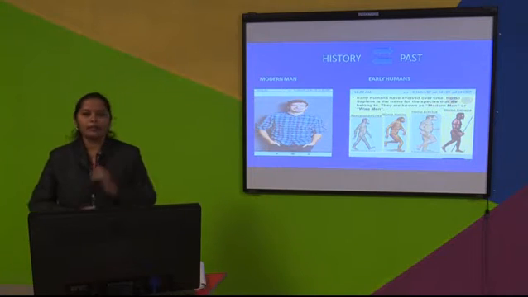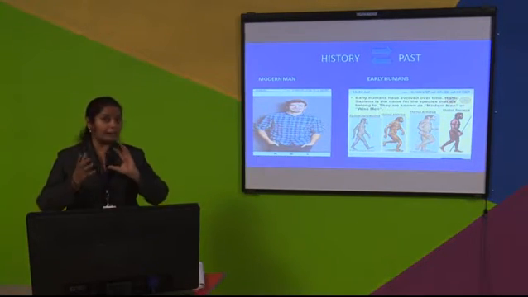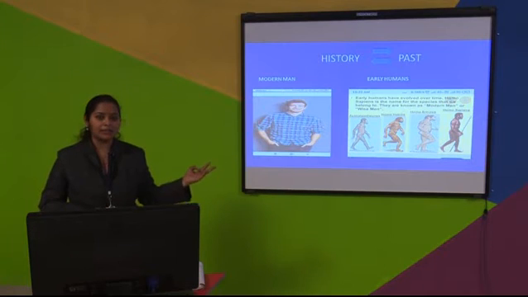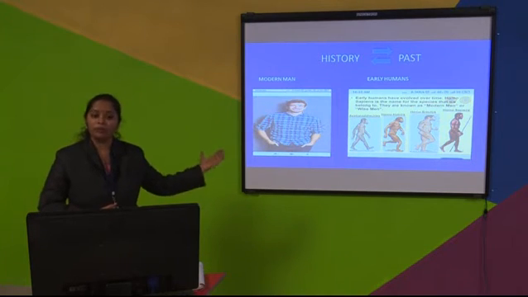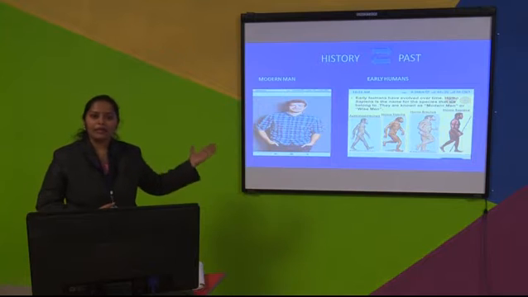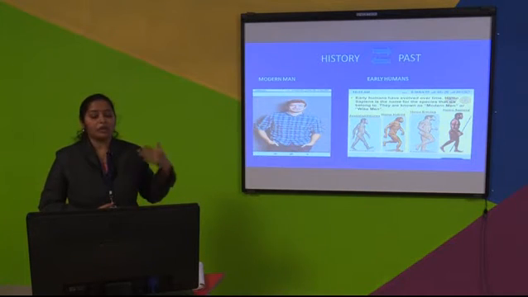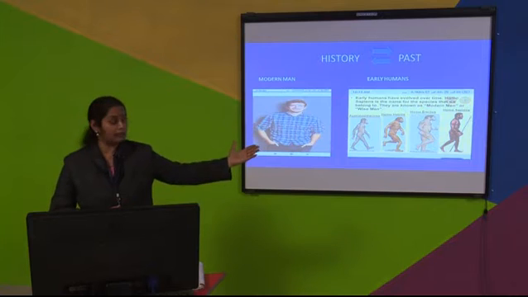Okay, now you just tell me why I have shown you these pictures. Can you tell me some relation between these 2 pictures? Come on, just think children, you can do this. Yes, correct. This is a picture of a modern human person, okay? Earlier we were actually the same as these human beings which you can see in the other slide.